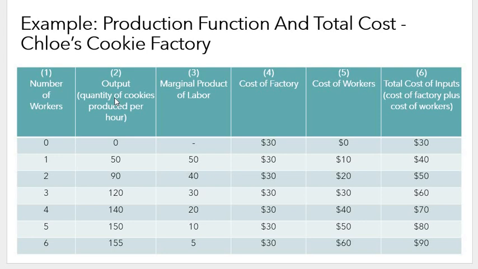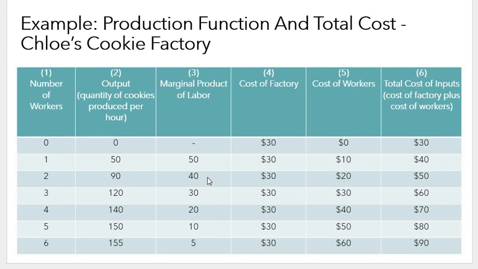If you have taken macroeconomics, we call output production or the equilibrium quantity, kind of interchangeably. Output is basically how much an economy or a factory produced. It's the quantity. The third column is the marginal product of labor.